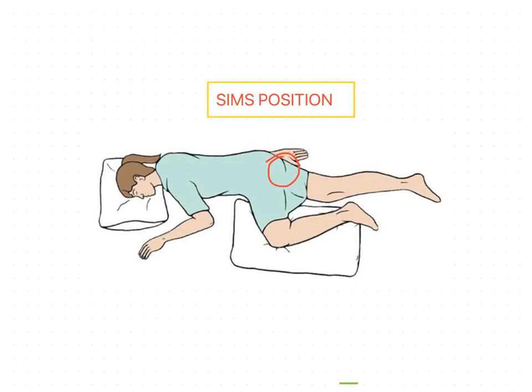Patients can lie, for example, on the left side with left hip and lower extremity straight and right hip and right knee bent.